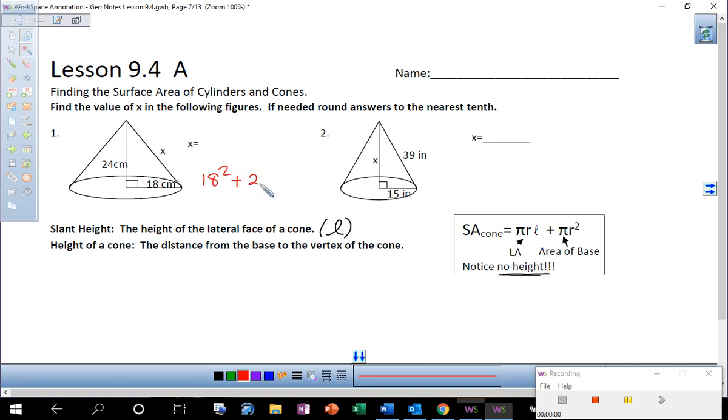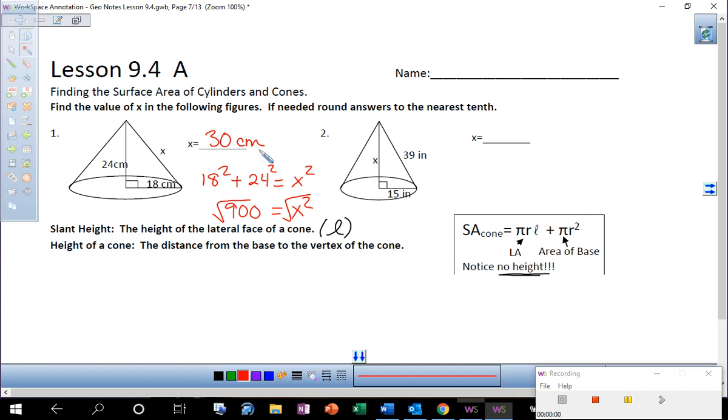So 18 squared plus 24 squared, so I can find my x squared. 18 squared plus 24 squared together, you get 900. And the square root of 900 is 30. So if you are not given the lateral height, you can quickly do Pythagorean theorem to figure that out.